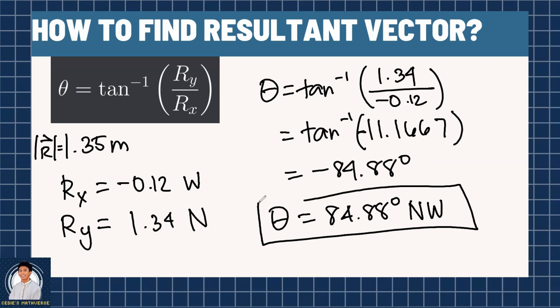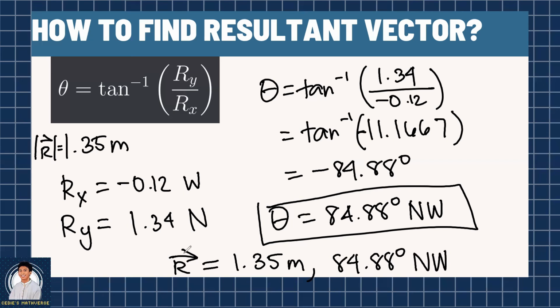And this is our direction. Overall, we will express the resultant vector in this form. Vector r, or the resultant vector, equals 1.35 meters, 84.88 degrees northwest. And this is our resultant vector.